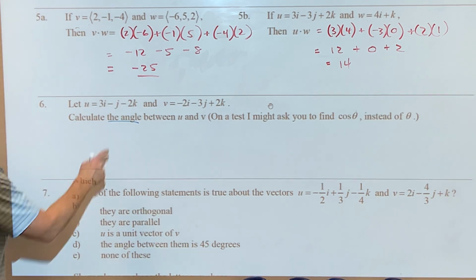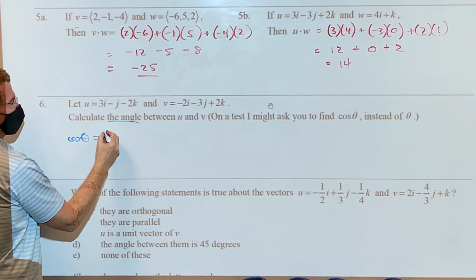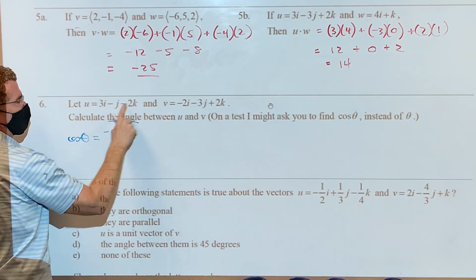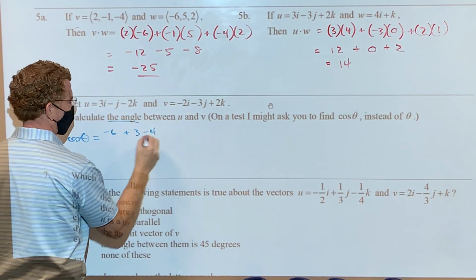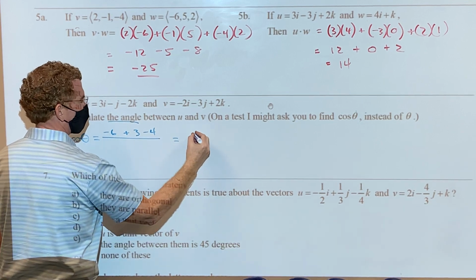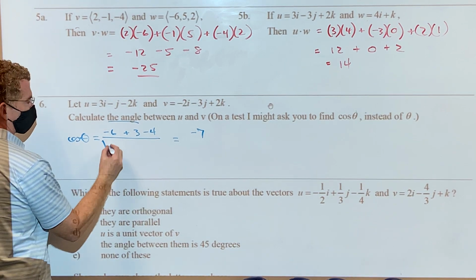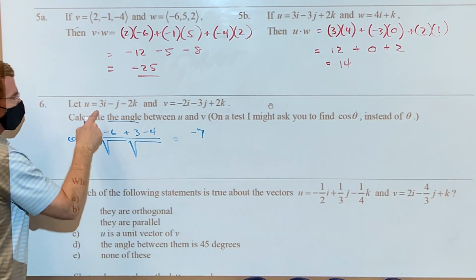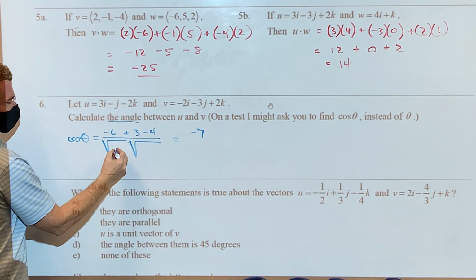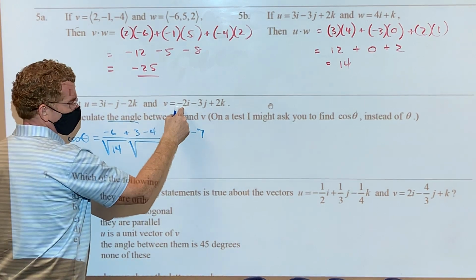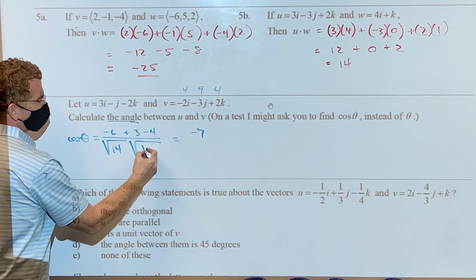So what do I have to do to find the angle? Dot product, so -6, +3, -4. There's my dot product, which ends up giving me -7. And then the magnitudes of each one would be what? 9, 1, 4. Root 14. 4, 9, 4. Root 17.